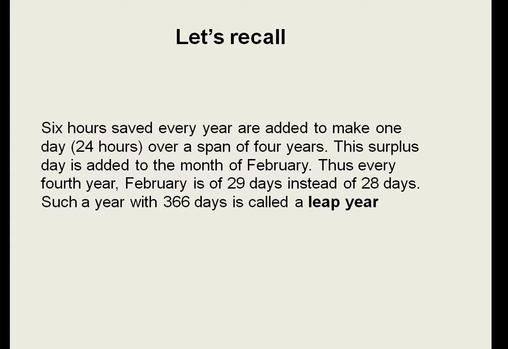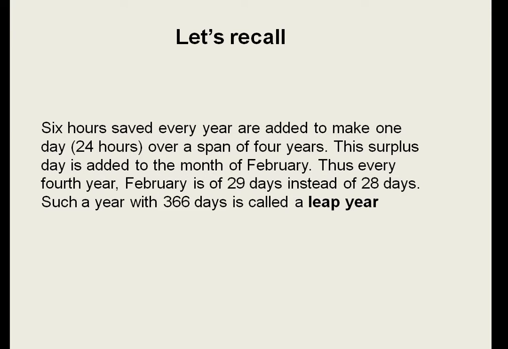So 24 hours are there. Over a span of 4 years, one day is added in the month of February. So every 4th year, February has 29 days instead of 28 days.